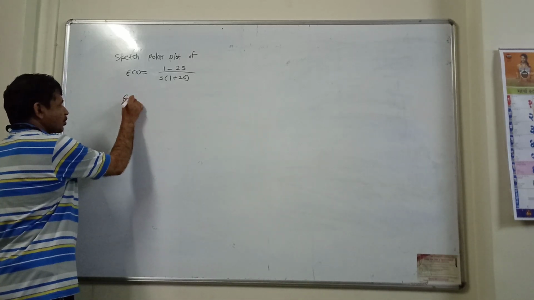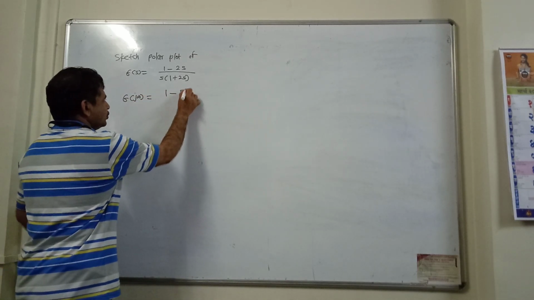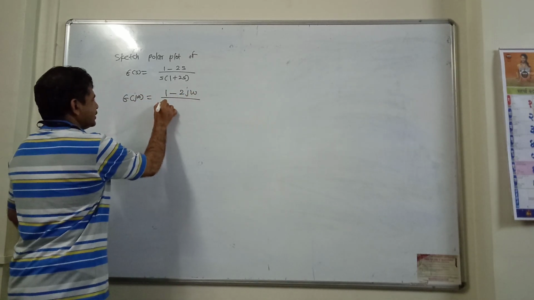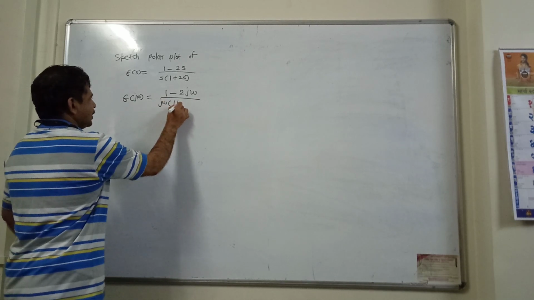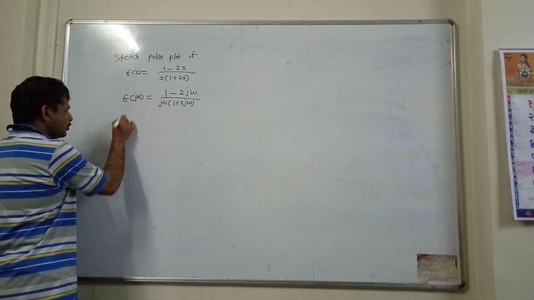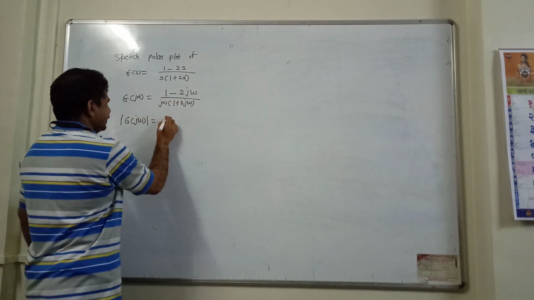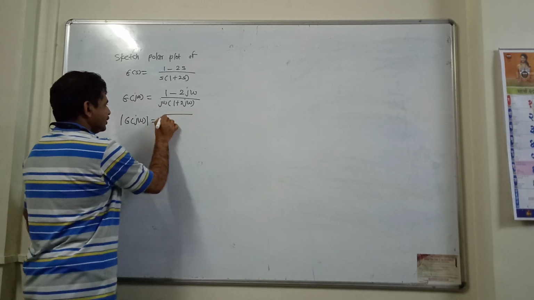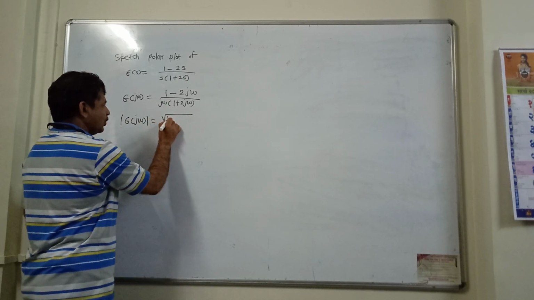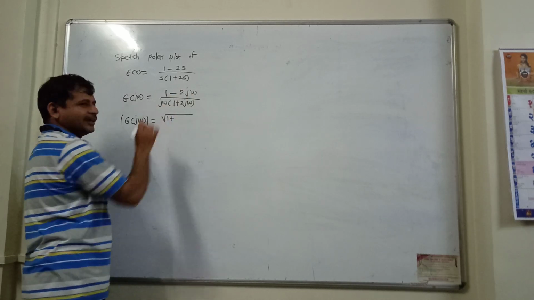First step is, from G(s) get G(j omega): 1 minus 2 j omega upon j omega into 1 plus 2 j omega. Then its magnitude. The magnitude function is under root real part square, that is 1, plus imaginary part square. What is the imaginary part here?